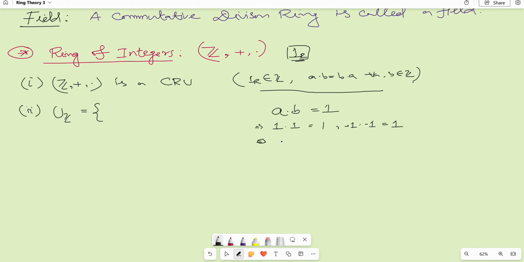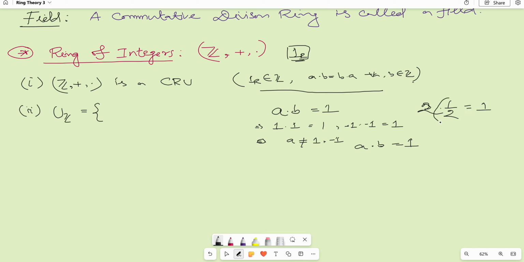So can there be any other element except A? Suppose A is not 1 or minus 1. So A dot B, will it be 1? It is not possible at all, because suppose you have taken 3 or 2, so you should have to take 1 by 2 as B, that then only it will be 1.